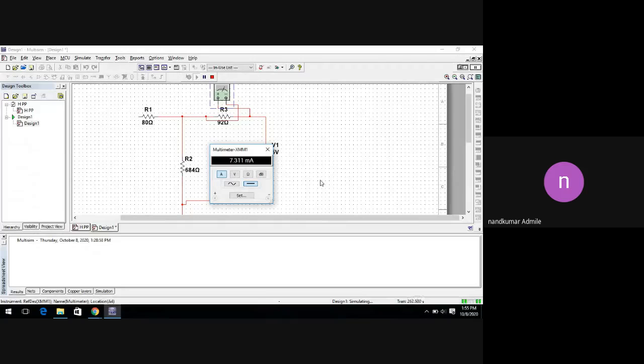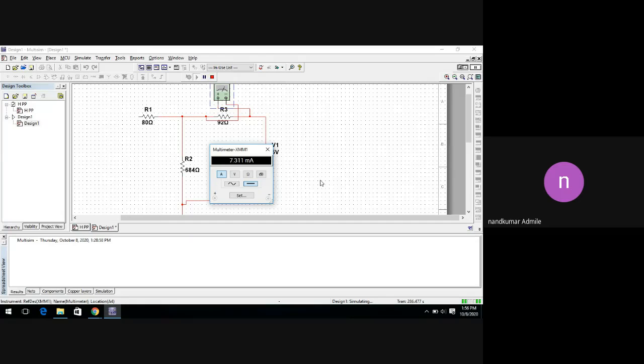Have you understood it? Yes, sir. Similarly, we can simulate the other parameters also, Z parameter and Y parameter.